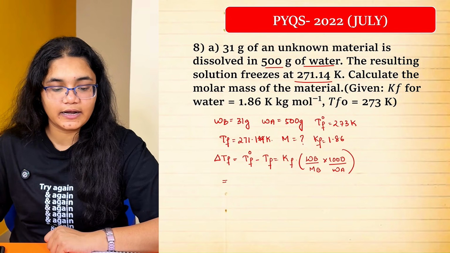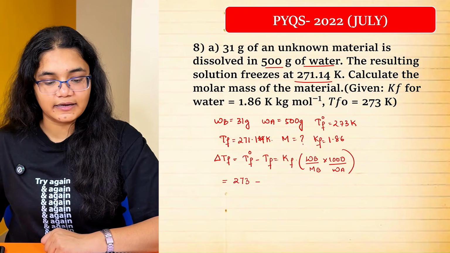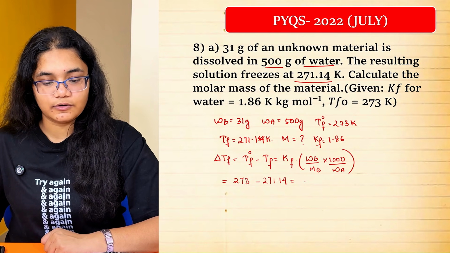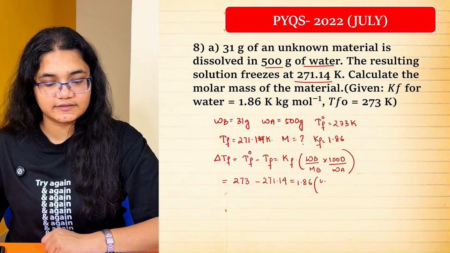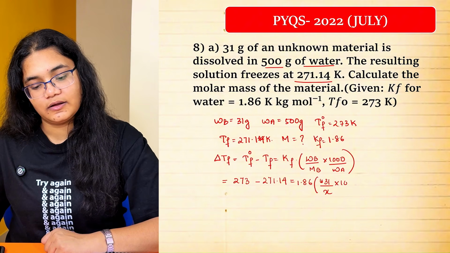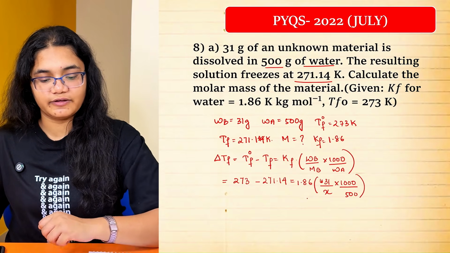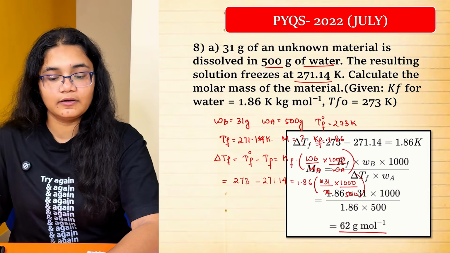Delta Tf is 273 minus 271.14, equal to Kf value 1.86, WB is 31 gram, MB I have to calculate, into 1000 by WA which is 500. If I solve this, you will get the value of MB as 62 gram per mole.